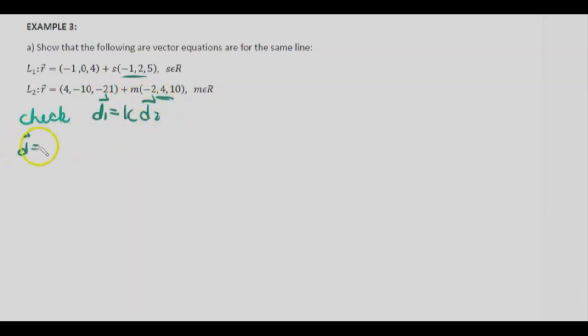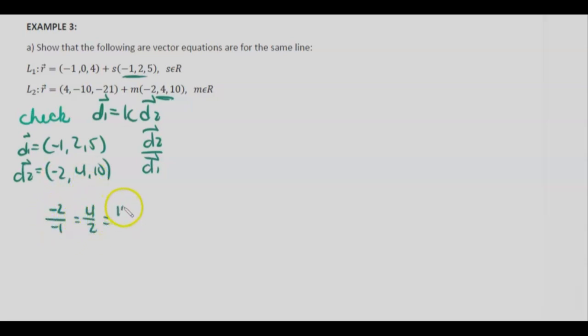So we're just going to call D1 negative 1, 2, and 5, and then D2 negative 2, 4, and 10. So what we'll do is divide vector D2 by vector D1. So negative 2 over negative 1, 4 over 2, and 10 over 5.